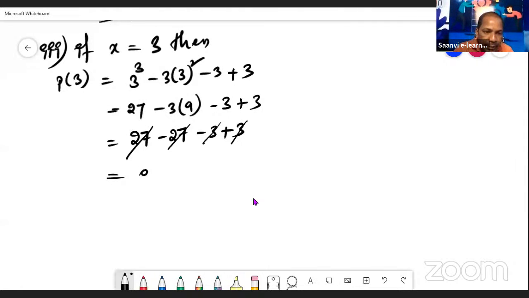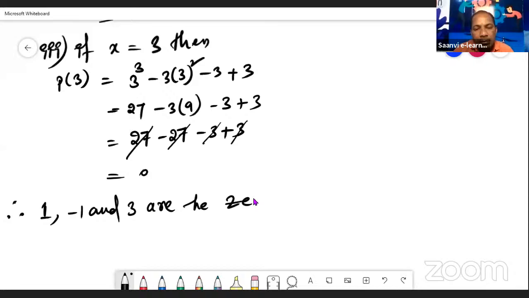So from this we can conclude that therefore 1, minus 1 and plus 3 are the zeros of the given polynomial.